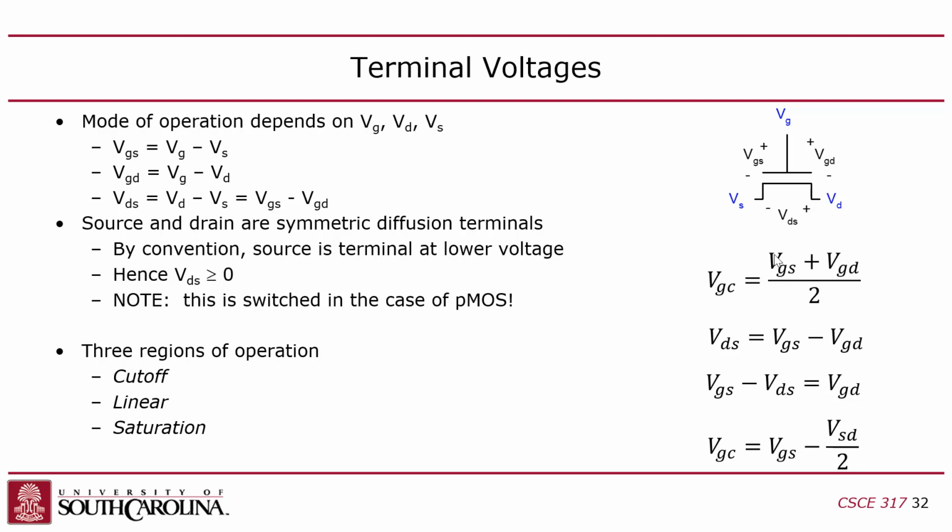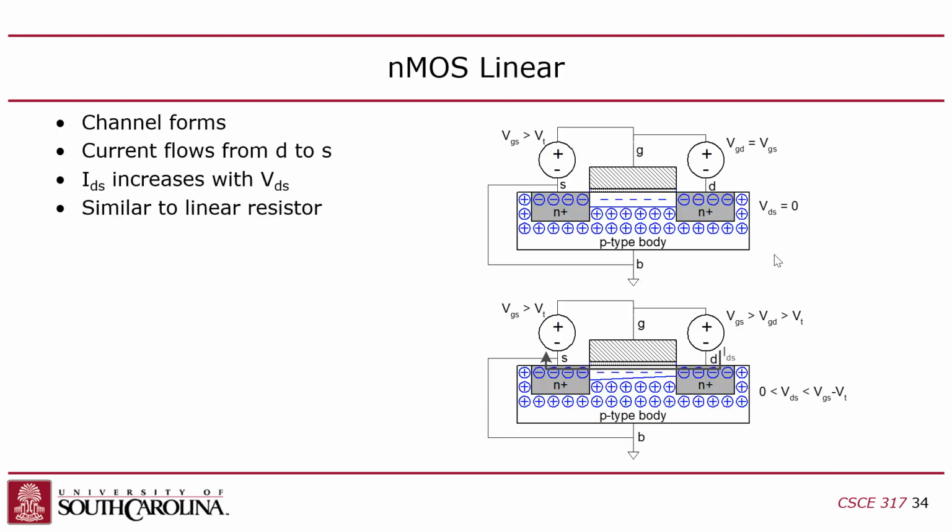So what I'm saying is that this is equivalent to this. It's just written gate channel as a function of gate source and source drain. Make sense? Okay, so what's the point? The point is that we want to know the gate channel.